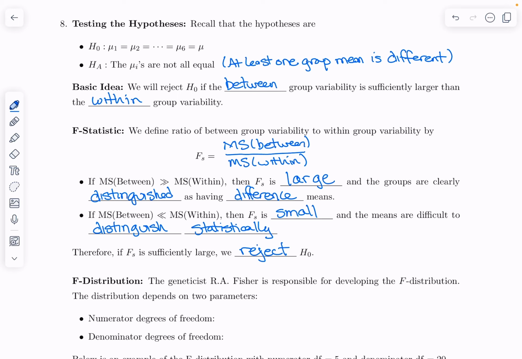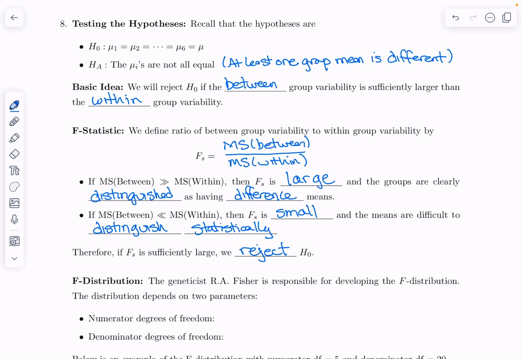Okay, so why is this called the F statistic? Well, it turns out that geneticist R.A. Fisher was responsible for developing the F distribution. Okay, so I said before that the t distribution is for comparing means. The chi-square distribution is what you would use to compare variances. The F distribution is what you would use to compare the ratios of variances.